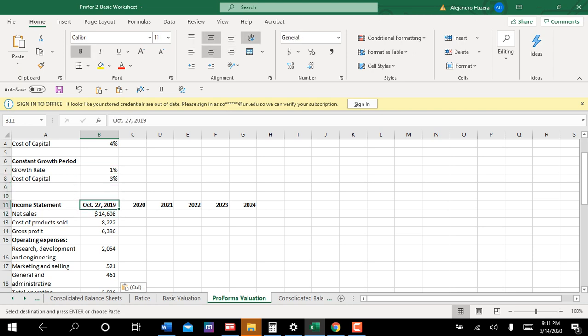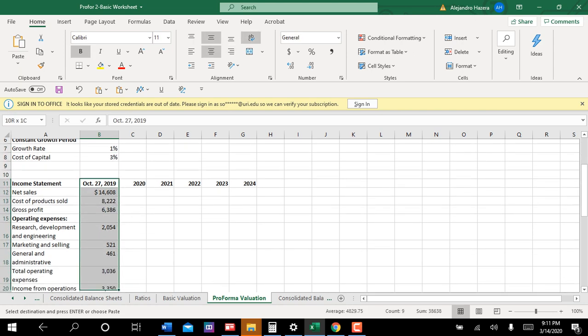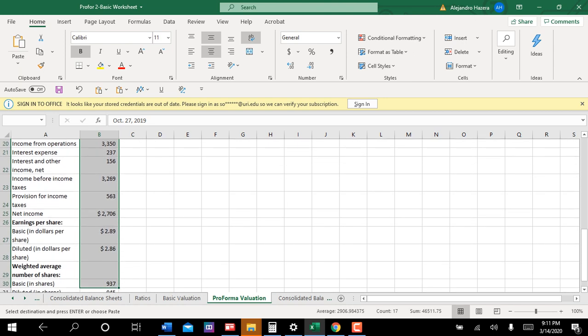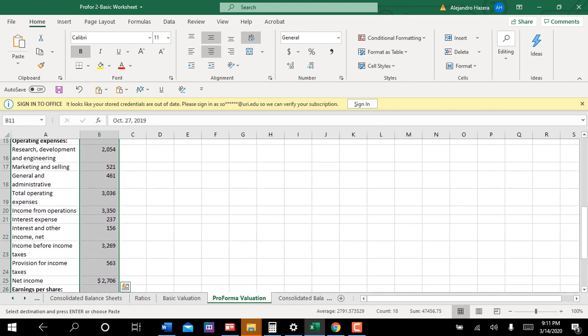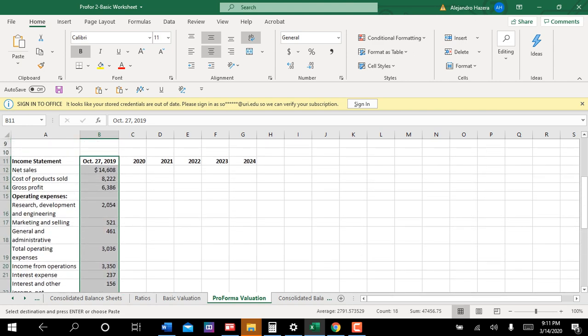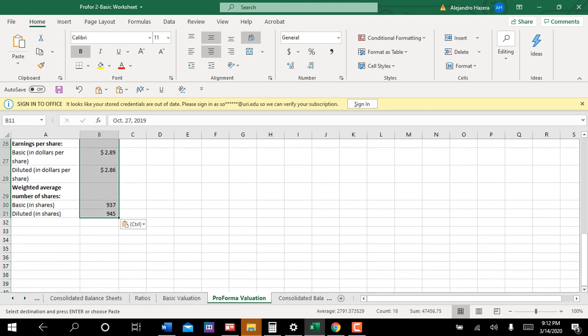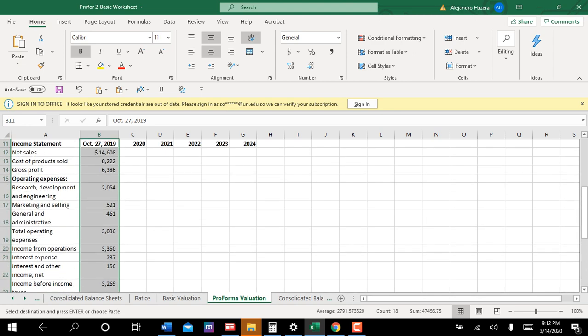Okay, so what I'm going to do is move all these columns to the right. So I'm going to start with, just so you see, the October 27th, 2019 column, cell B11, and I have highlighted all the way down to B31, which is the last number, the diluted shares.